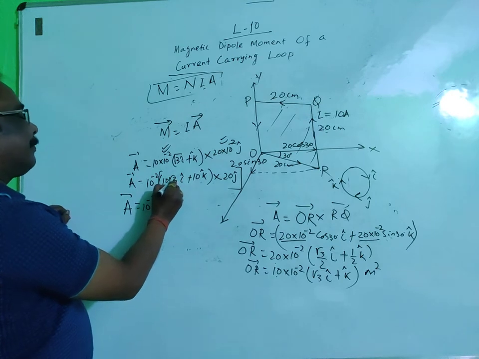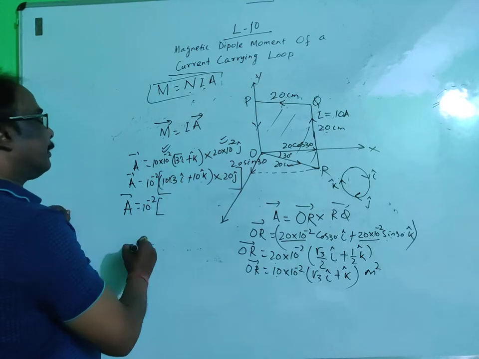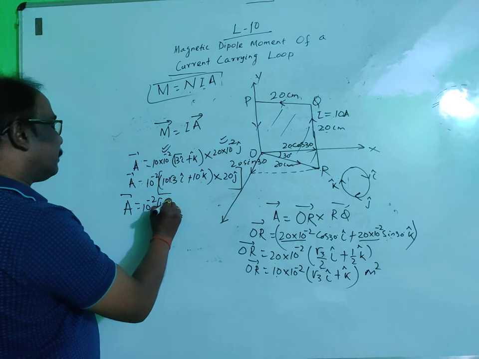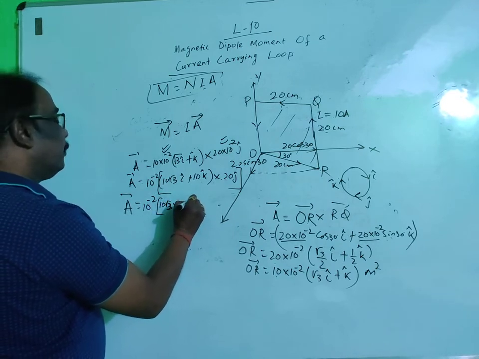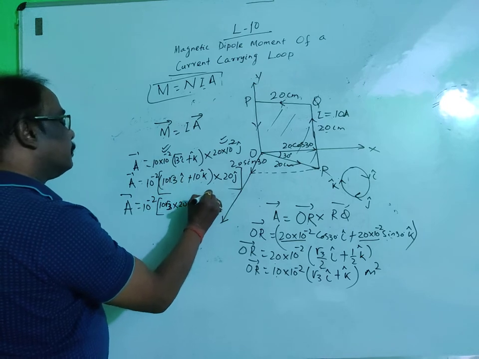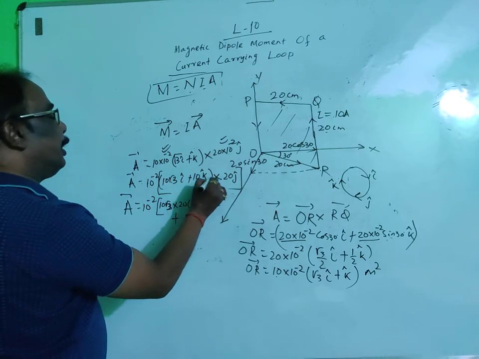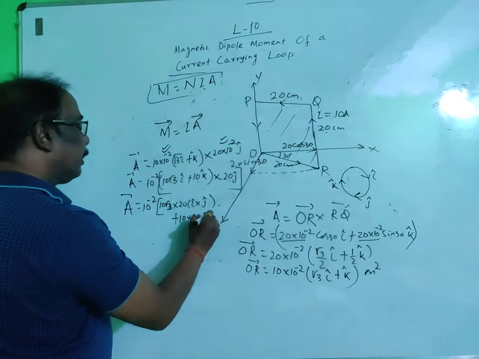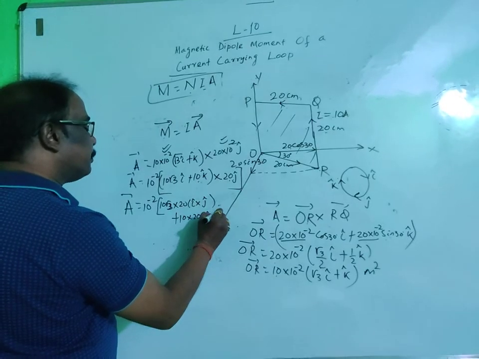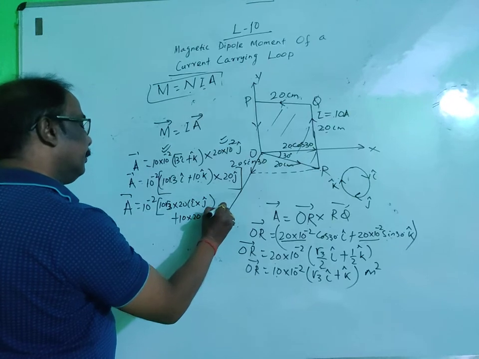Now 10 to the power minus 2. First, 10 root 3 i cap cross 20 j cap, so it will come 10 root 3 into 20 into i cap cross j cap, plus 10 into 20, and in the bracket you will take k cap cross j cap.